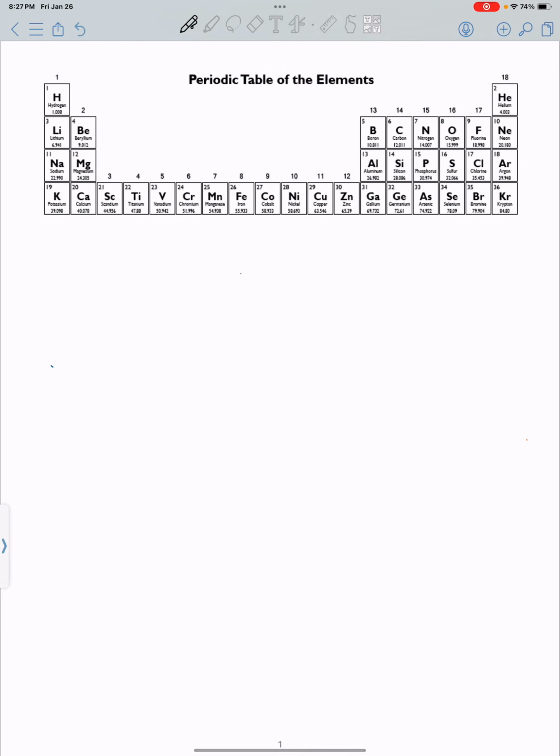Okay, magnesium 2+, and I'm going to do a mass number of 33. Remember, that's the number of protons and the number of neutrons, which are the two subatomic particles that contribute to mass. So let's find the number of protons, the number of neutrons, and the number of electrons.